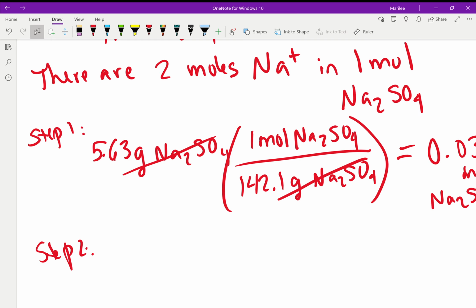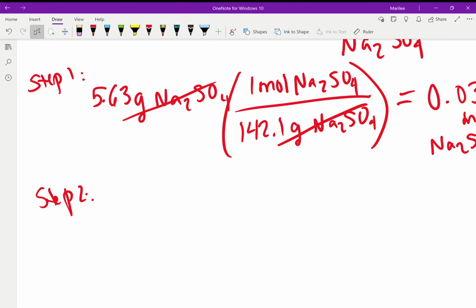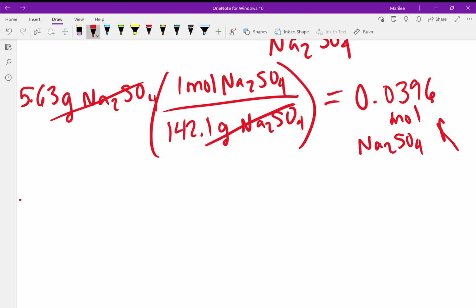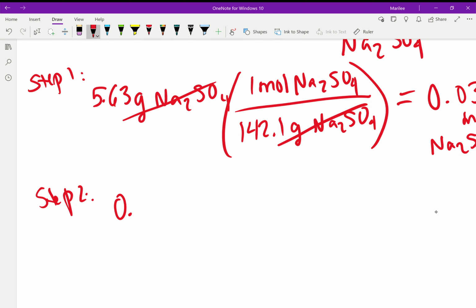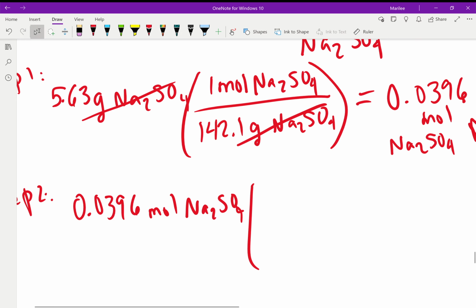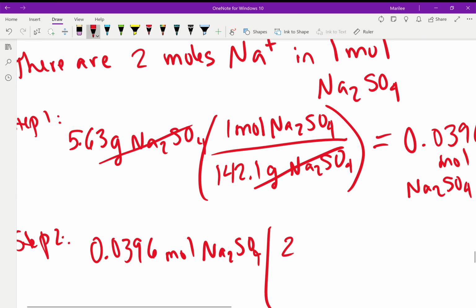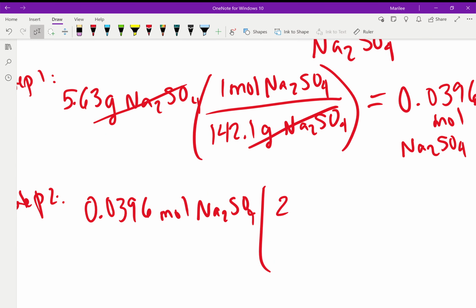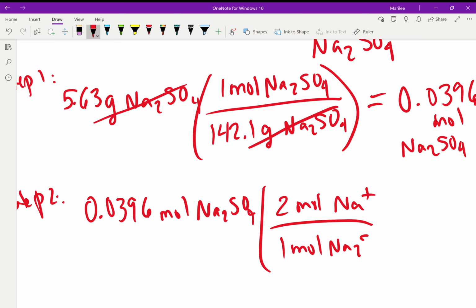So our step 2 will be to take this 0.0396 moles of Na2SO4, and we'll put that conversion factor, which I stated up here, 2 moles Na+ per 1 mole Na2SO4.